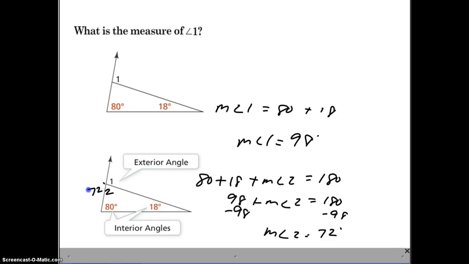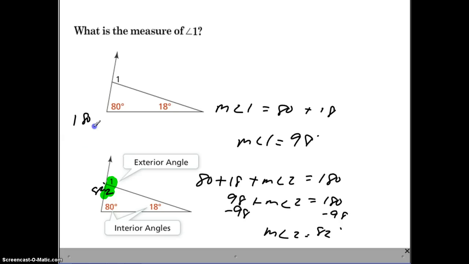So if angle 2 now is 72 degrees, what I can do from here is remember that these two angles make a linear pair. So those two angles have to add to 180. So if I do one, it's definitely not 72. Why can't you people help me with my math, huh? Not 72. How about some 82? Aha. 82.